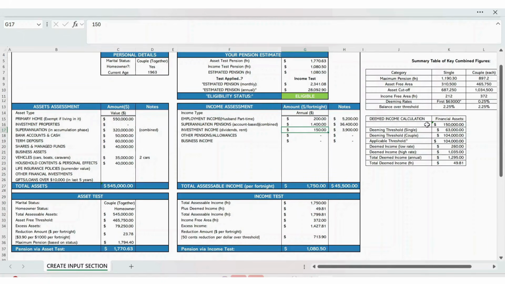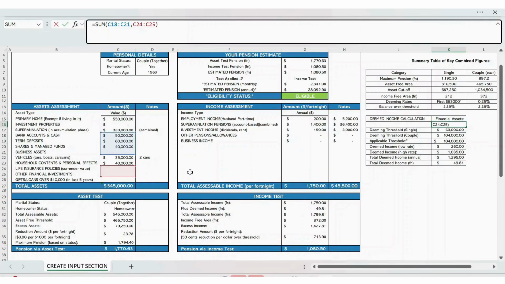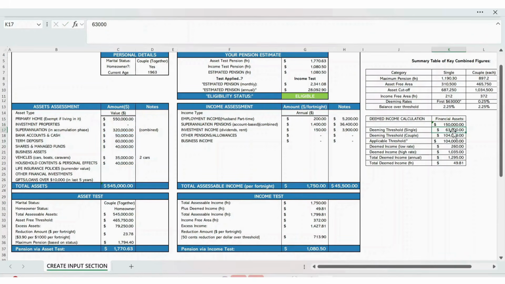Look at the deeming income calculation section. Cell K16 calculates total financial assets equals sum of C18 to C21, C24 to C25. This adds up super, bank accounts, term deposits, shares, and other financial investments. The deeming threshold for couples is $104,000, cell K18.